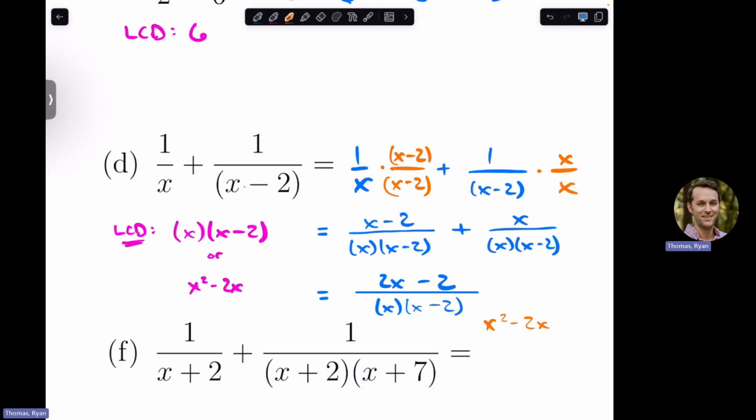So that's why I'm tending to leave stuff written out in the factored form rather than expand. There's nothing wrong with expanding it. You can do that if you want. But the factored version shows me more information at a glance. Yeah. Okay, good. Anything else so far?